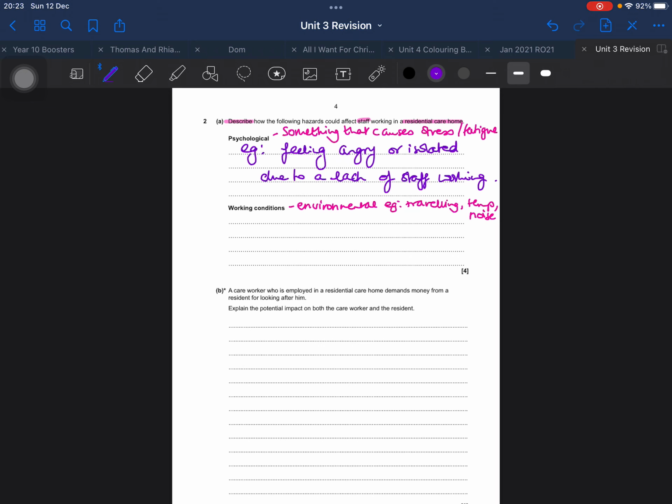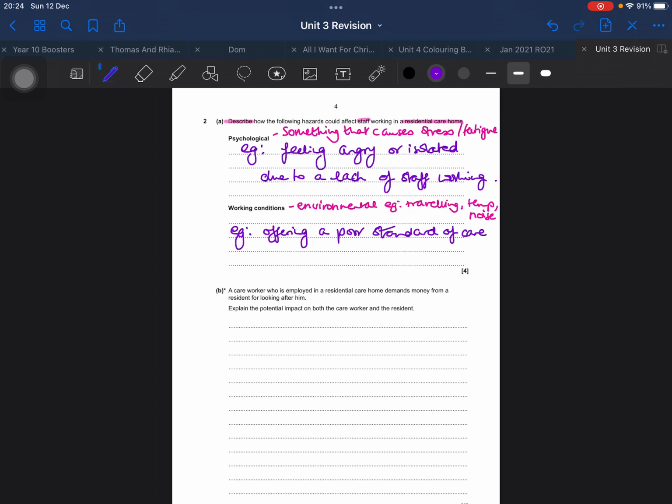In terms of the working conditions, how could that affect them? So there, it could be that they forget to do something in terms of the standards of care. So they're offering, e.g. offering a poor standard of care. So relate this back to Unit 2, to the values of care that were in place.